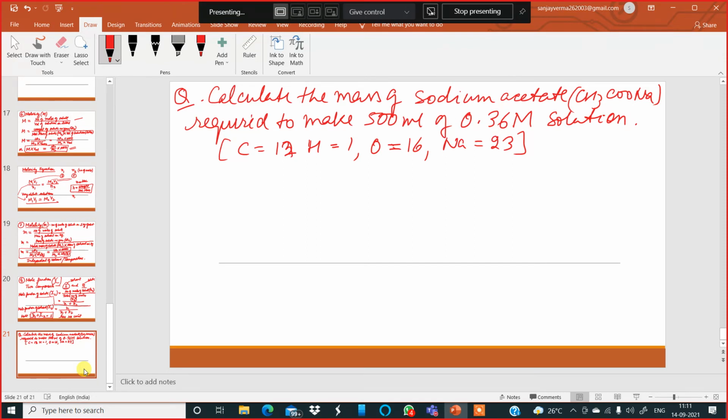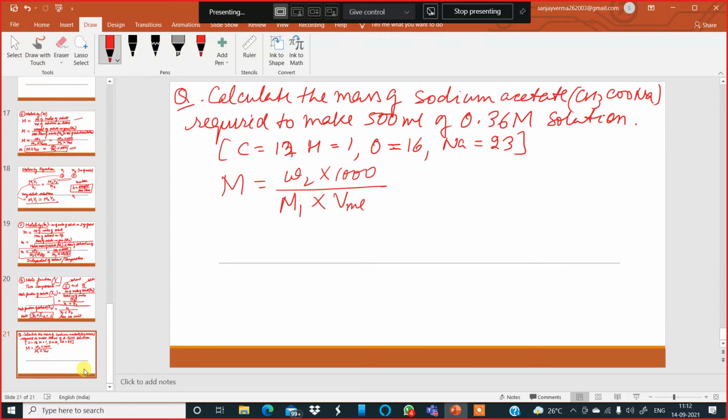I hope you remember the formula, no? Molarity formula. The molarity formula is W2 into 1000 divided by M2, the molecular mass, into the volume of the solution in milliliter. This is the formula.